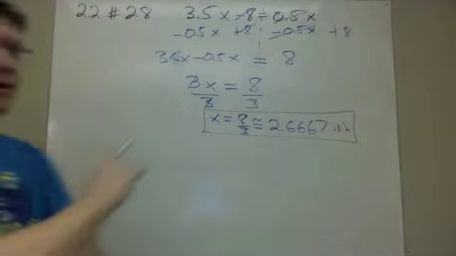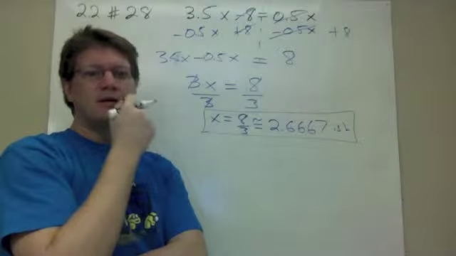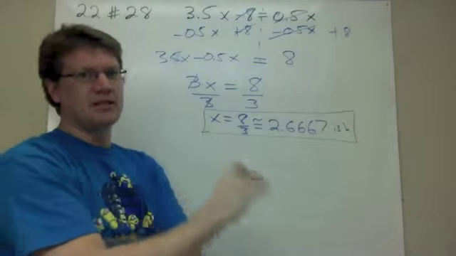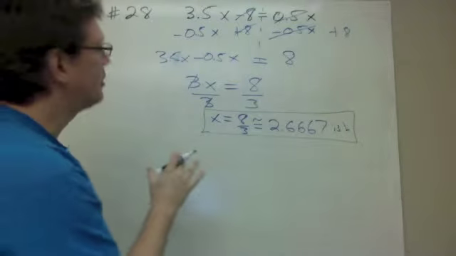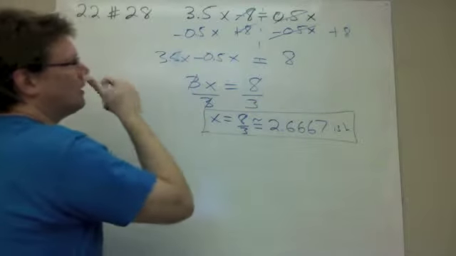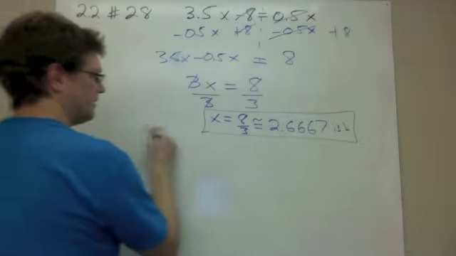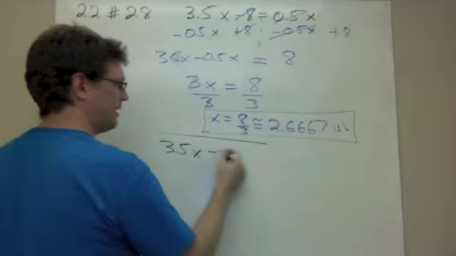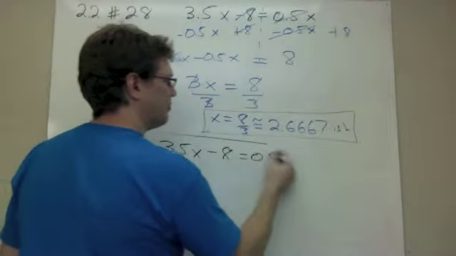So that's my claim for the x that satisfies our original equation. Okay? Now, if we want to graph this thing and find the x, crossing the x-axis is going to be the easiest thing to do. So I want to set this up in terms of a nice equation is equal to 0. Okay? So in that case, I'm going to have my 3.5x minus 8 equals 0.5x.